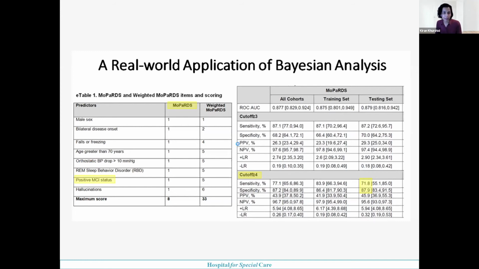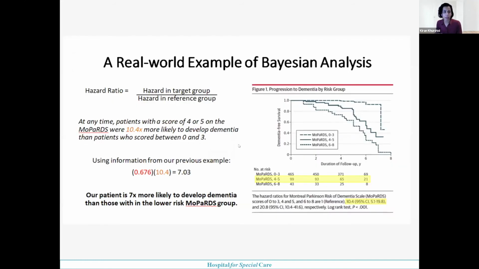So in the next slide, what we find is that we can combine information from that posterior probability with other data. So for example, if we look at this figure here that looks at hazard ratios, we find that at any time, a patient with a score of 4 or 5 on the MOPARDs was about 10 times more likely to develop dementia versus those with a lower score.